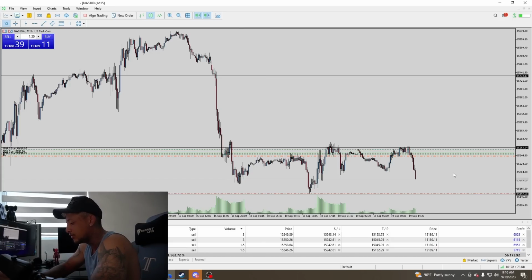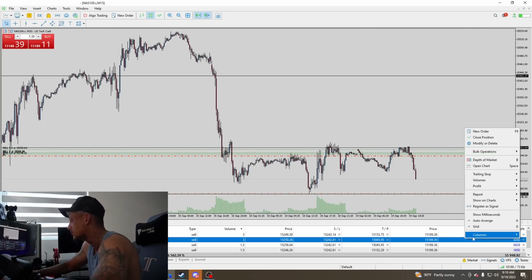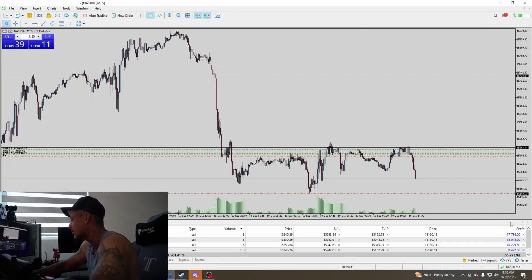What do I do in this situation? Let me turn this from profit to money for you guys. We look at this and say, okay, one position is floating 17K, another 18,000, another 10,000, another 8,000. So do I secure one of the big positions or one of the smaller positions, or do I try and allow the entire position to ride?